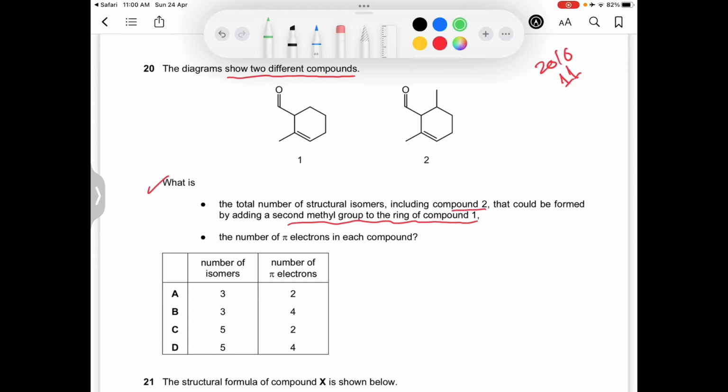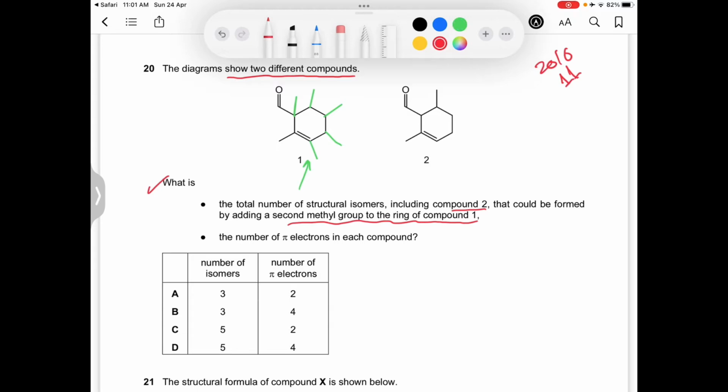So generally speaking, if we go to compound 1 here, we're going to add a methyl group. This methyl group could be here, or here, or here, or here, or here. So we change the structures only in this case.